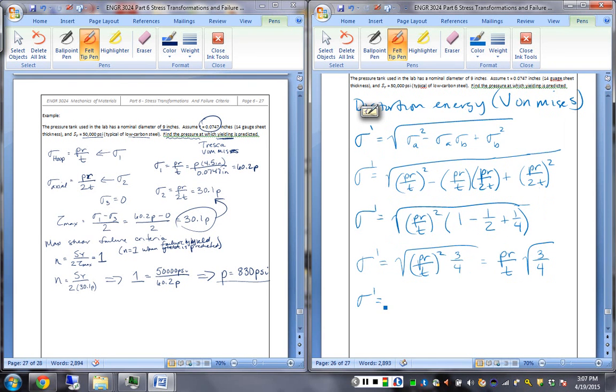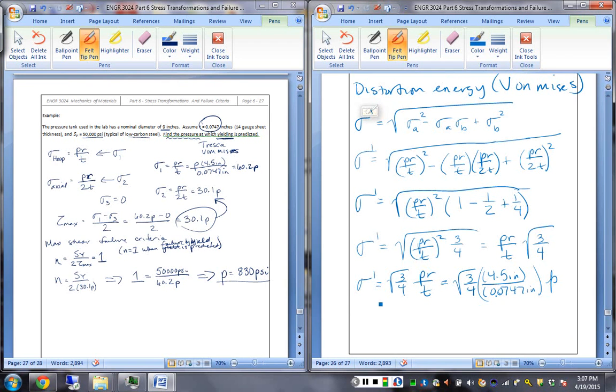This von Mises stress is the square root of 3/4 times PR over T. Our pressure is our unknown, so we have the square root of 3/4 times the radius over the thickness times the pressure.